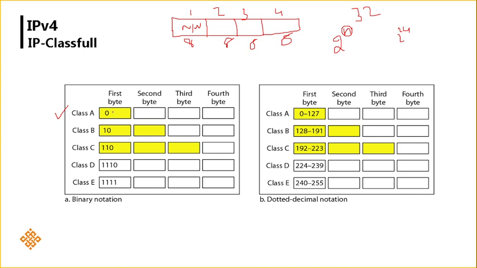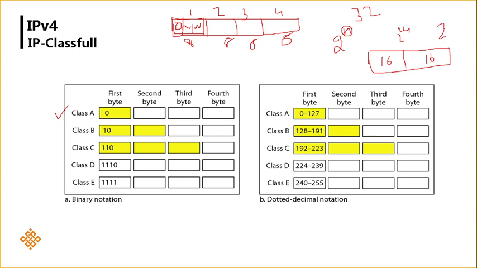In class A, the first bit should always be 0. In the network ID, which has 8 bits, the first bit is reserved as the identification bit, that is 0, which I have mentioned here. That is the identification of class A. Similarly, if you take class B, out of 32 bits, 2 blocks, that is 16 bits, are reserved for the network ID and the remaining 16 bits are reserved for the host ID.